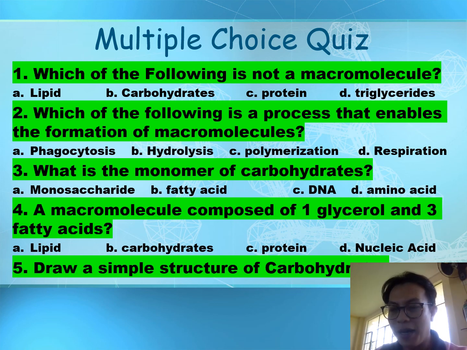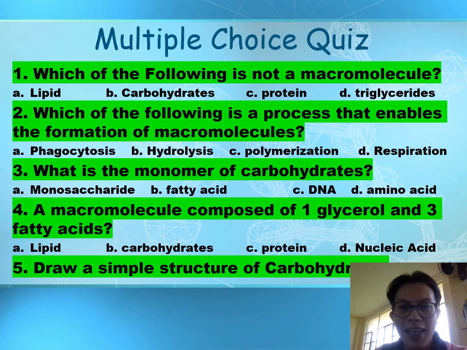Okay, it can be a monomer or monosaccharide, a disaccharide. If you want a very challenging drawing, you can draw a polysaccharide composed of different monosaccharide. All right. And I want you to submit that through Messenger. And if you cannot submit this through Messenger or online platforms, you can actually submit this on site every Wednesday.